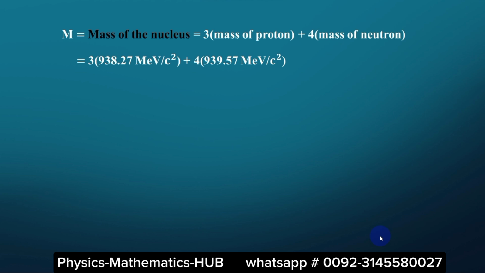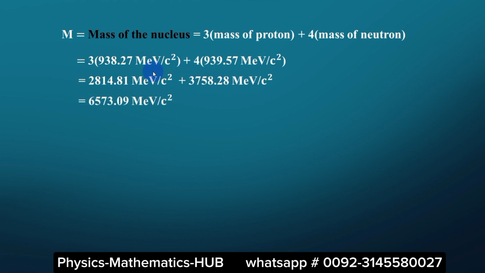So putting the masses, we get 3 multiplied by 938.27 mega electron volt per c square plus 4 into 939.57 mega electron volt per c square. Multiplying 3 by mass of proton and 4 by mass of neutron, we get 2814.81 plus 3758.28. Adding both the terms, we get 6573.09 mega electron volt per c square.